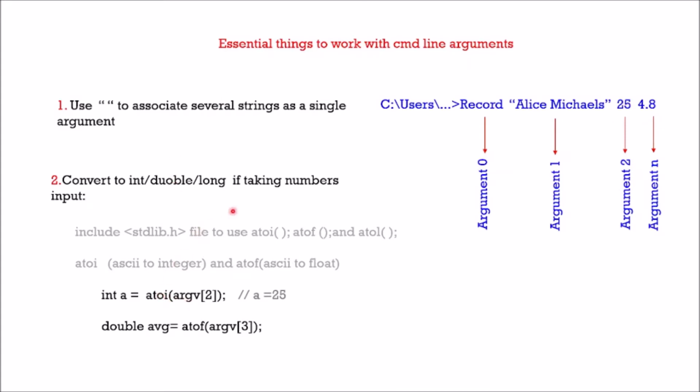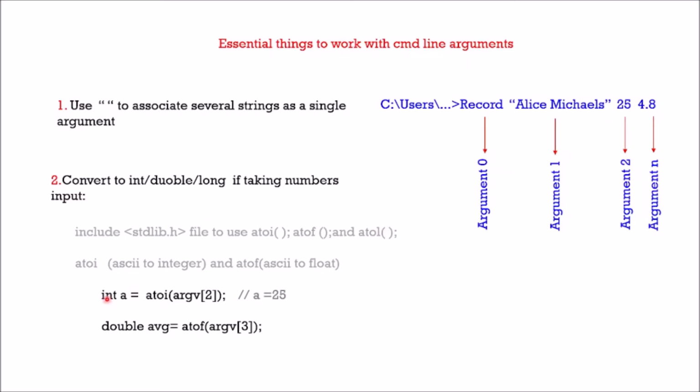For that purpose, I will include the stdlib.h header file, which contains these three functions to be used: atoi, atof, and atol. They are used to convert from ASCII to integer, ASCII to type double or a floating point number, and atol to convert to a long integer.